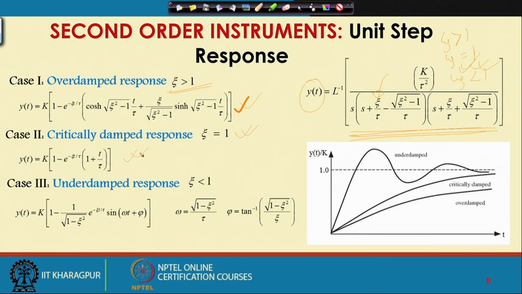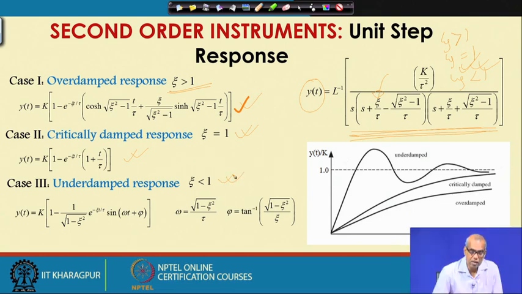When zeta is less than 1, what we get is known as underdamped response, represented by this equation. Look at here, this is a sine function, so there will be oscillations. This is the radian frequency of this oscillation, and this is the phi value.